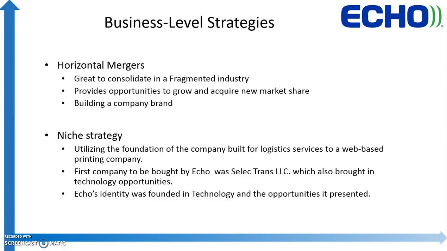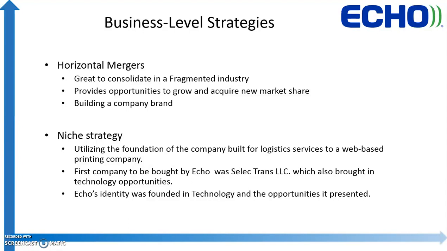For horizontal mergers, this is great to consolidate a fragmented industry. It provides opportunities to grow and acquire new market share, and it helps build a company brand. So with Echo, in all their mergers, they acquired companies that had similar visions or opportunities to expand their company across the nation.